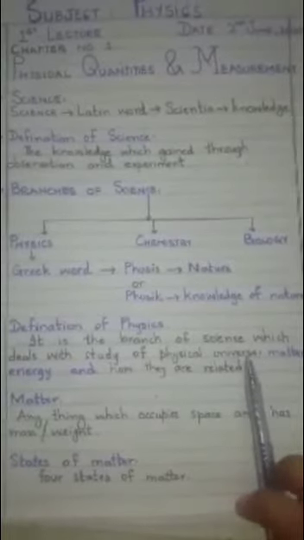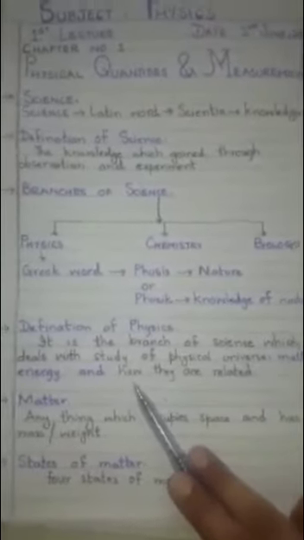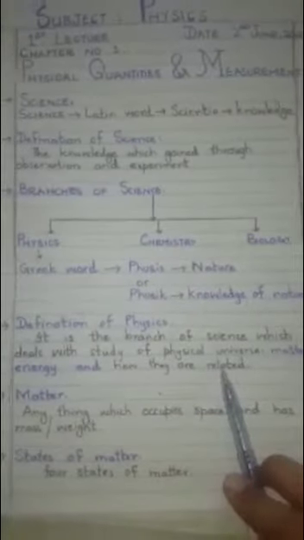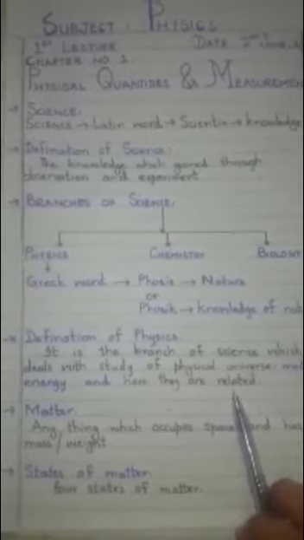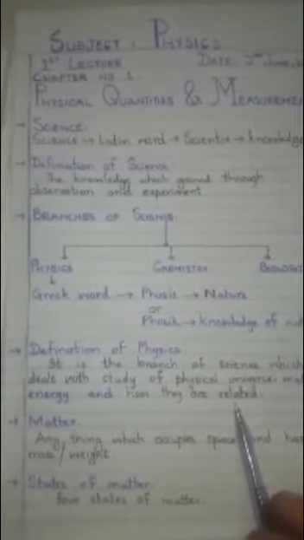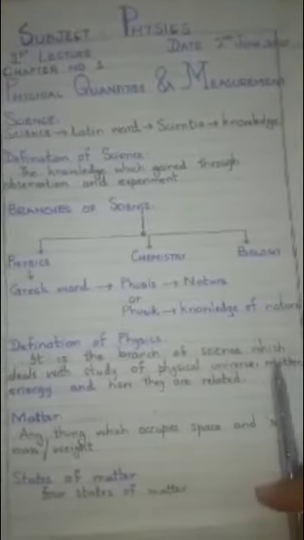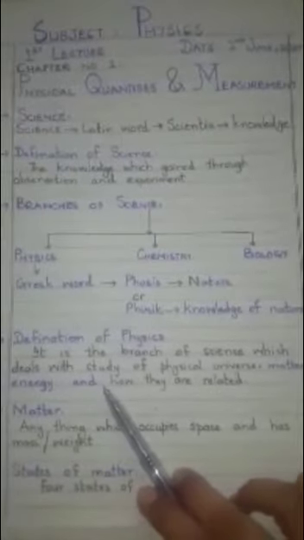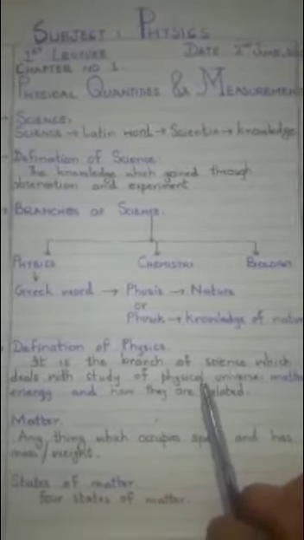Physics is basically related with matter and energy and their mutual relationship. So physics is related with the study of the properties of matter and energy, and the mutual relationship between them.